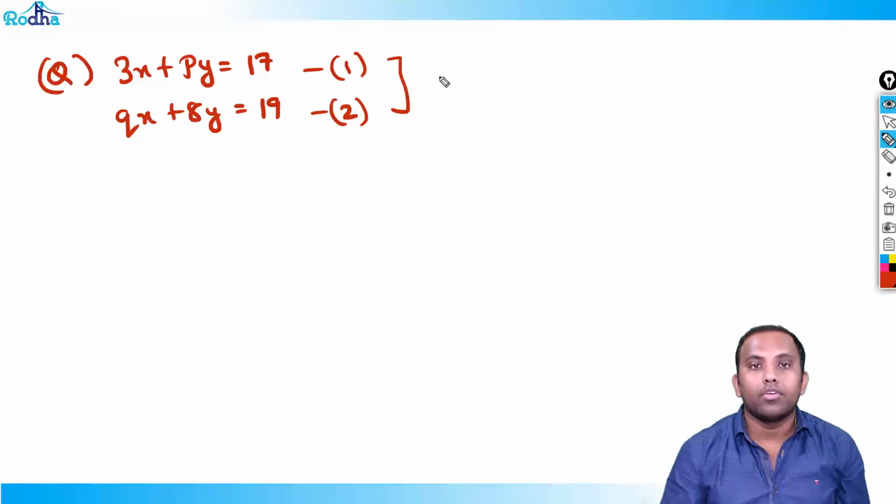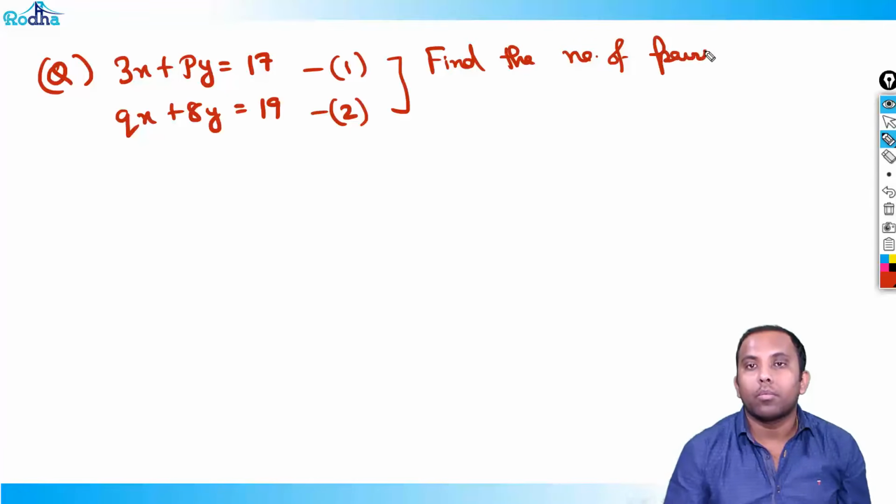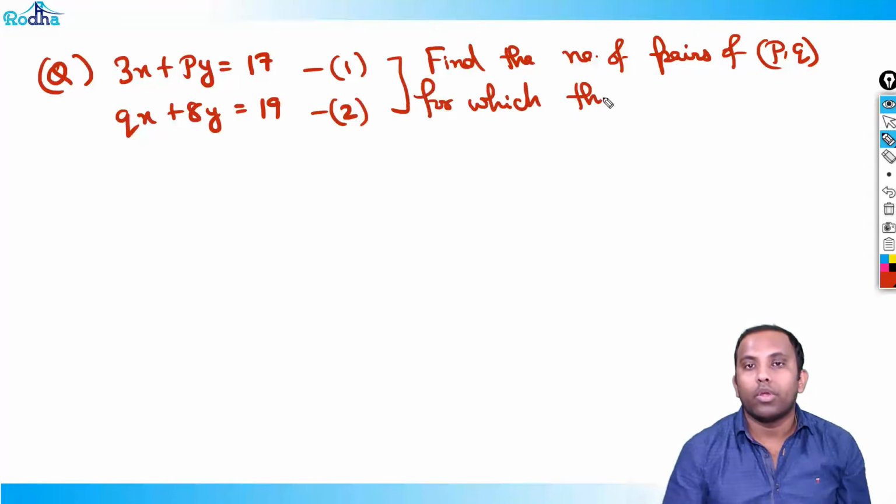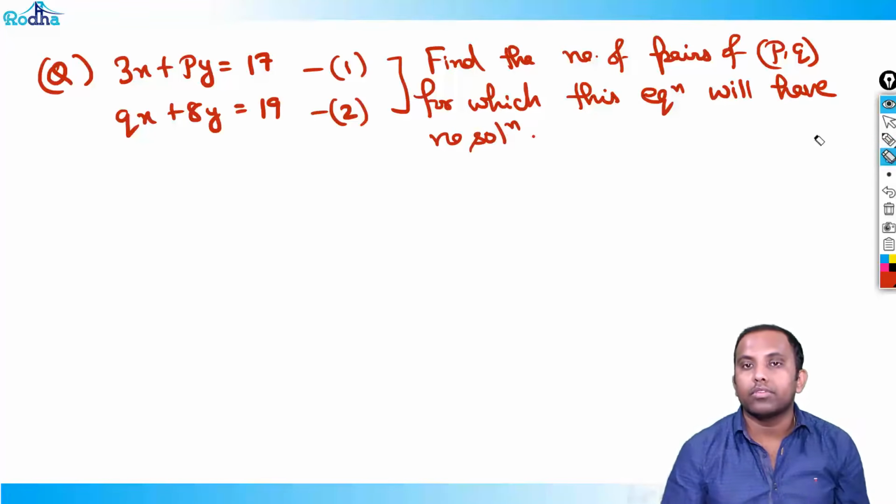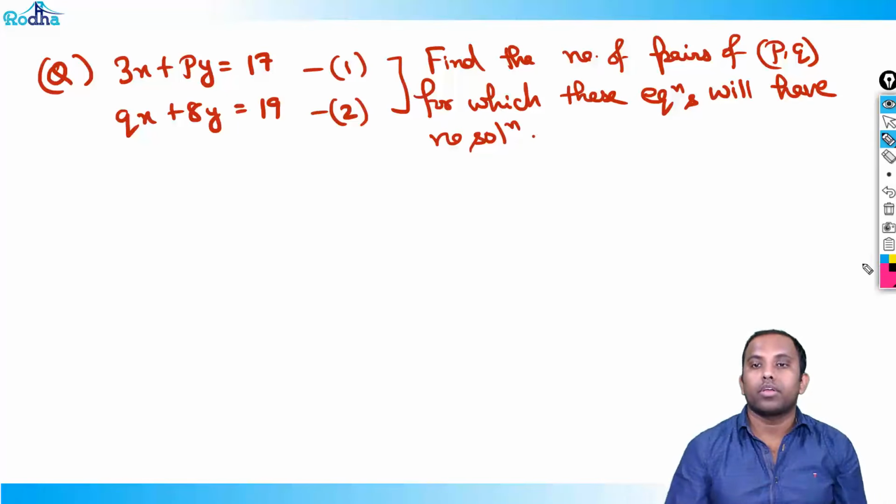Find the number of pairs of p and q for which these equations will have no solution. This is the question.